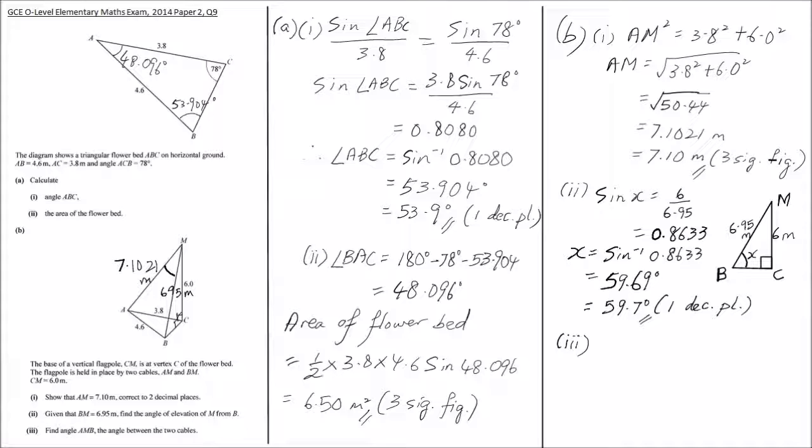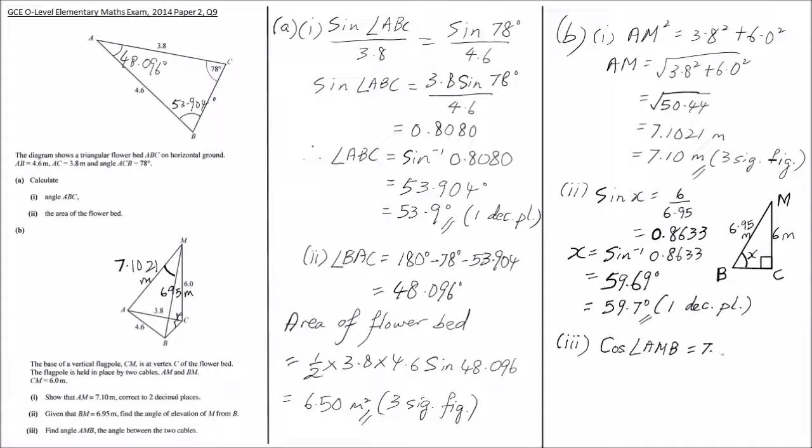So the angle M here, or angle AMB, by using the cosine rule, is the sum of the squares of the sides on both sides of the angle that we want to find.